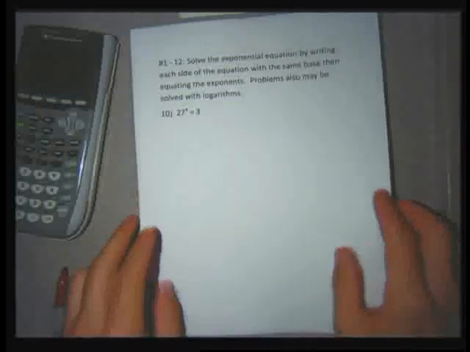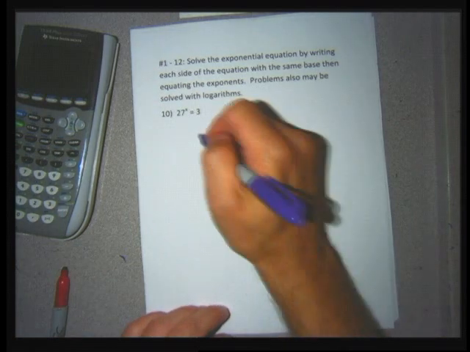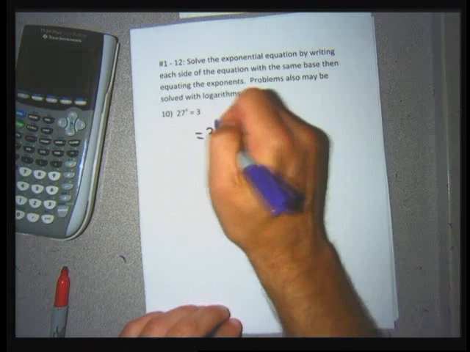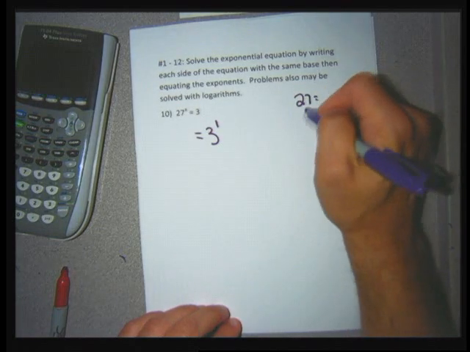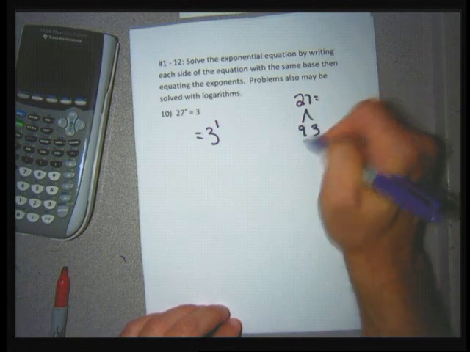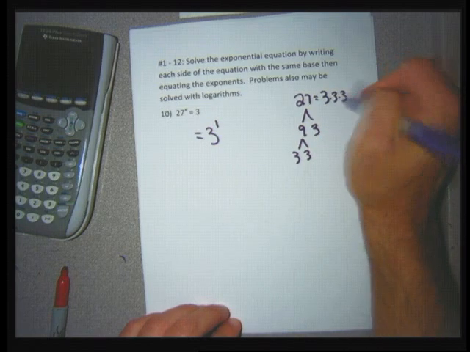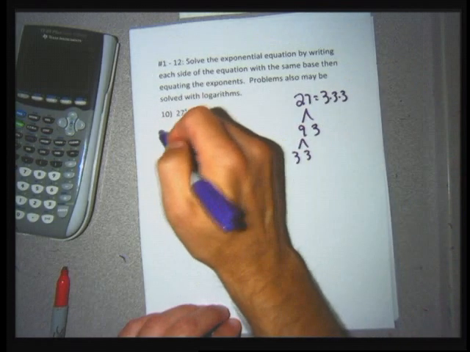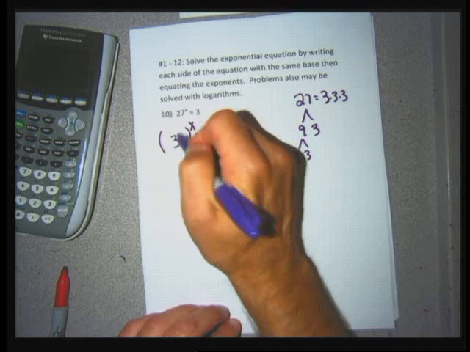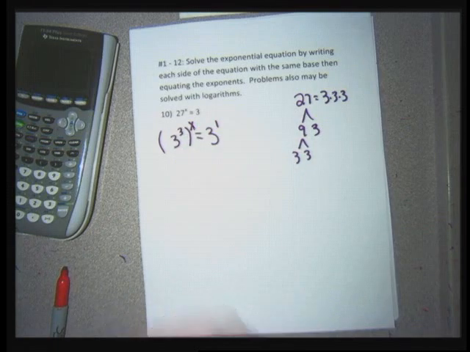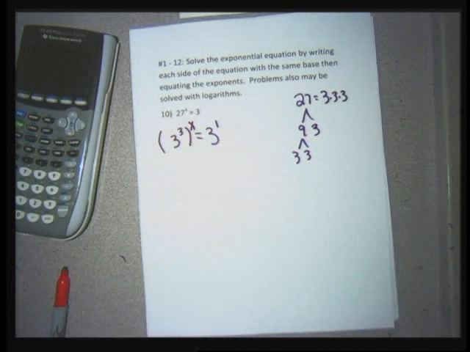10, I'll do both ways. I'll do it with logarithms and without. I can write both sides as 3 to some power. The right side, 3 is really 3 to the first power. The 27 on the left side, the prime factoring is 3 times 3 times 3. So 27 can be written as 3 cubed. Because 27 already has an exponent, when I rewrite the 27 as 3 cubed, I'll make the 3 cubed in a parenthesis so those two exponents aren't touching.